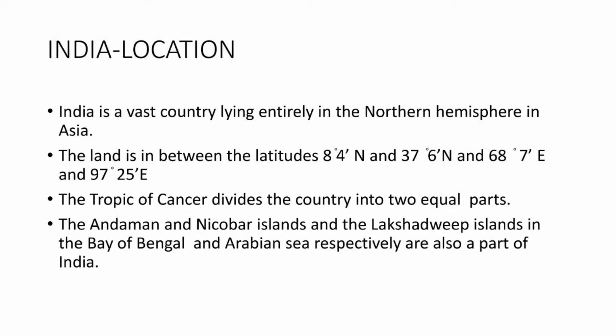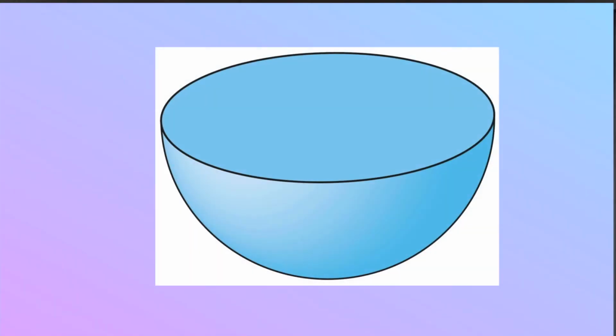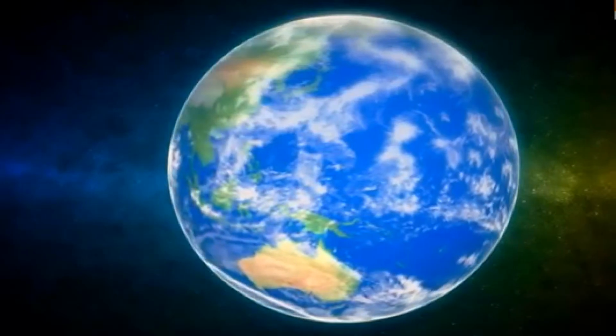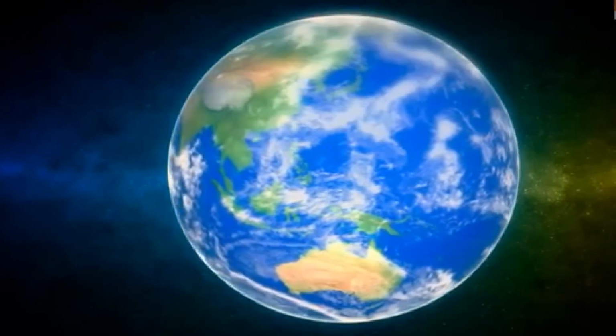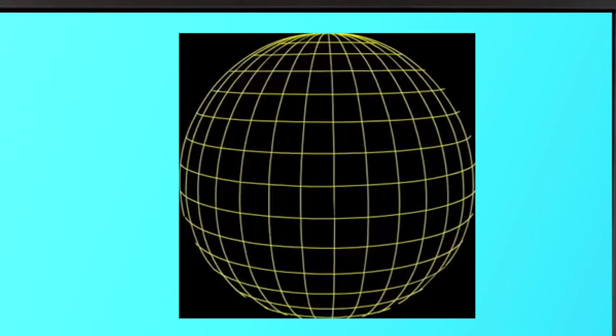To locate our country India, the very first information you need to know is in which hemisphere it lies. You know children, it lies in the northern hemisphere. Do you know children, what is a hemisphere? Half of a sphere is called a hemisphere. You know that our earth is a sphere. And the entire earth is marked with some imaginary circles.